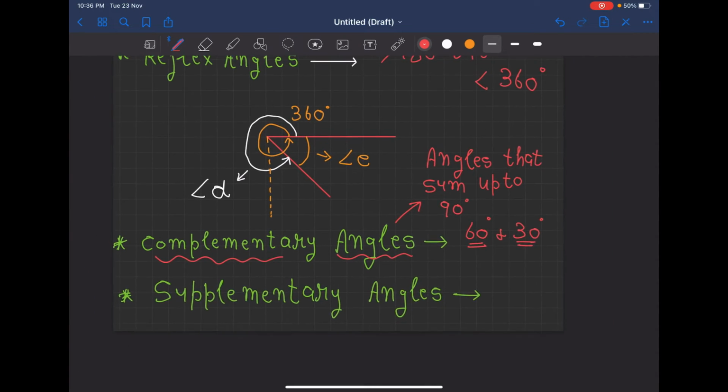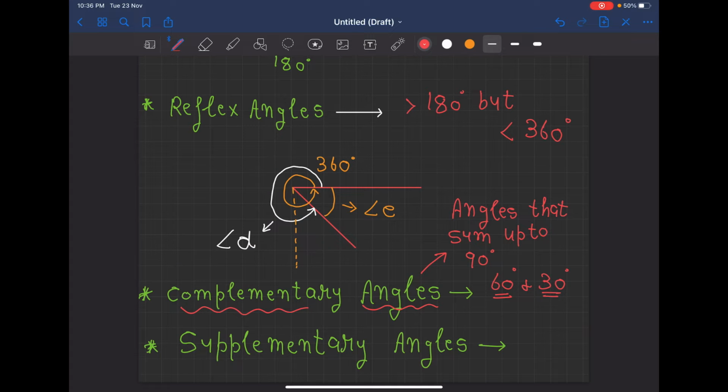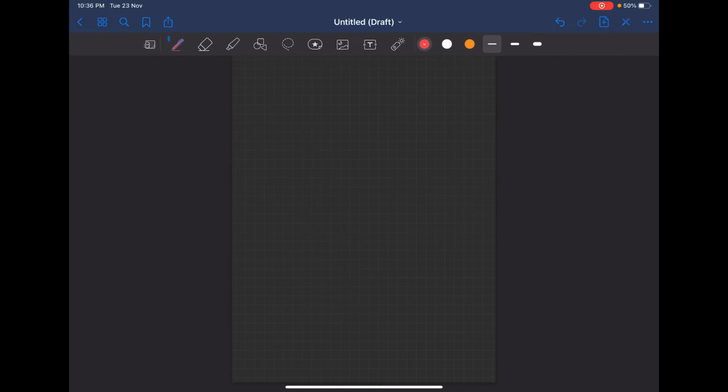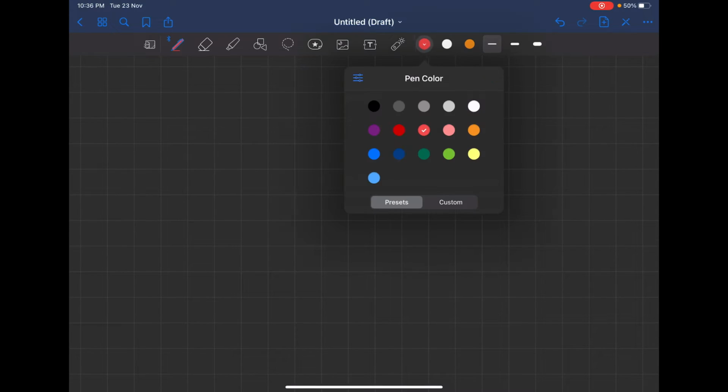Now let's have a look at supplementary angles. What are those? Now let me take a next page here so that we can understand this well.